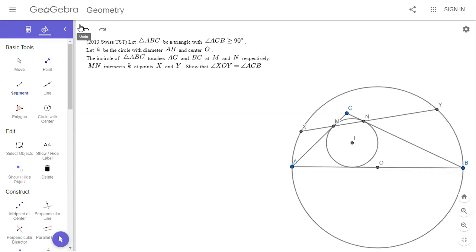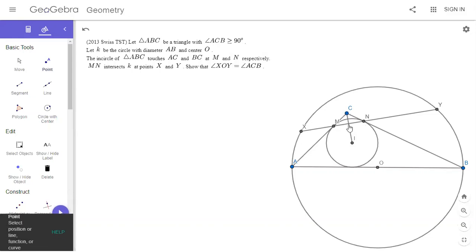Let's see. Suppose CI meets MN at a point X prime. Okay. I can draw that in.